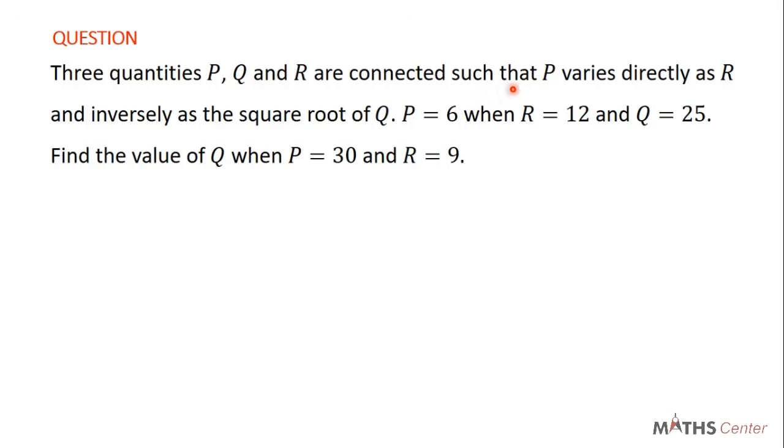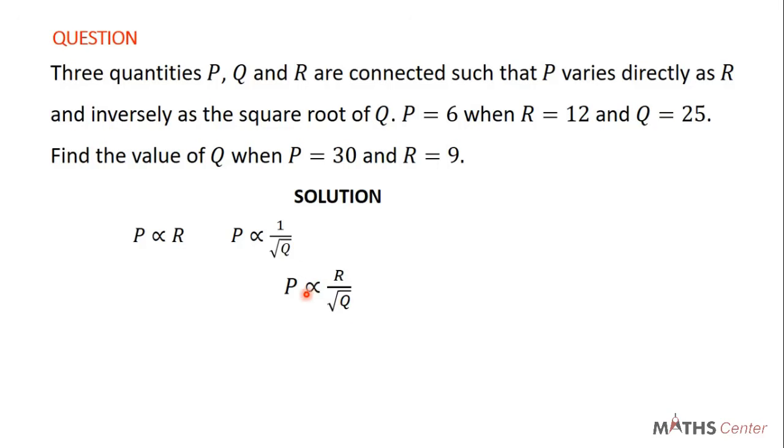And the connection is such that P varies directly as R, and the same P varies inversely as the square root of Q. So for the first case, P varies directly as R, so P is proportional to R, and P varies inversely as the square root of Q, so it means that P is proportional to 1 divided by the square root of Q. Since this is a joint variation, we have to join these two, and if you join them, you have P is proportional to R divided by the square root of Q.